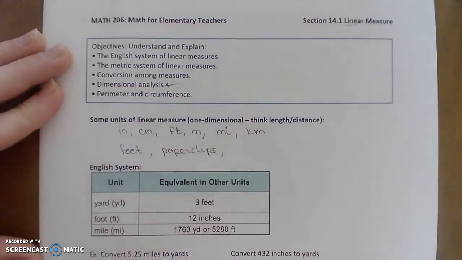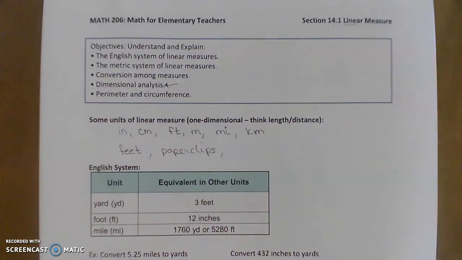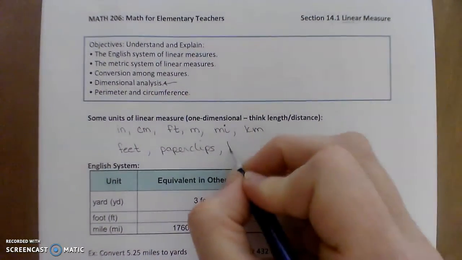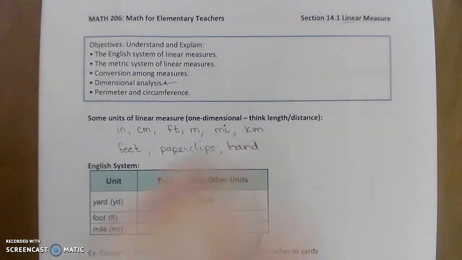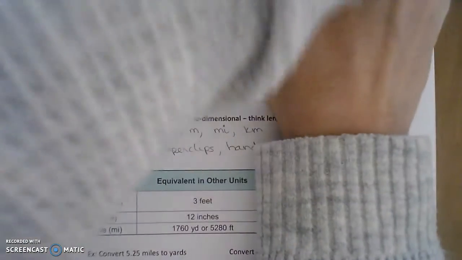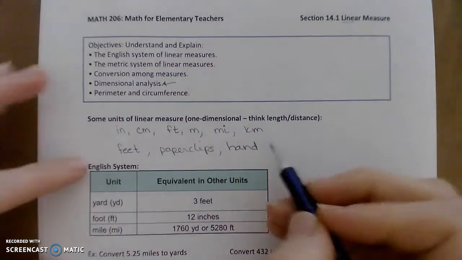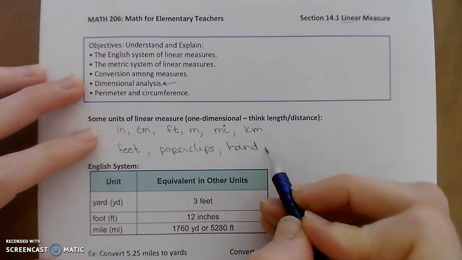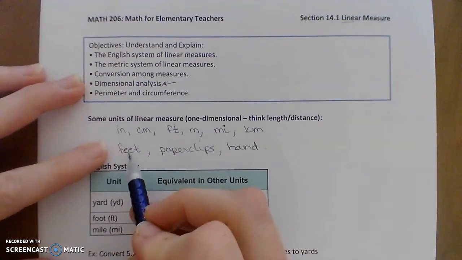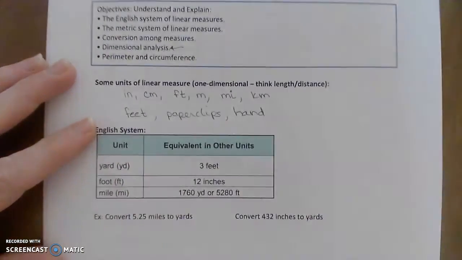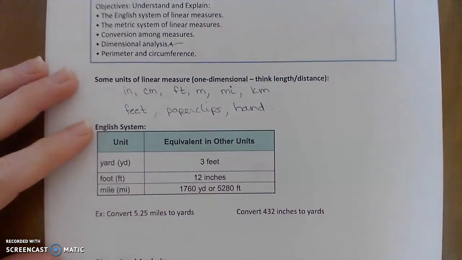Or there's this non-standard unit of measurement that's actually used by people who own horses, and those are hands to measure how tall a horse is. People stack their hands one on top of another, and that's the measurement of the horse. Anyways, there's lots of activities for elementary school students where you might measure something using some type of non-standard unit of measure, and those are usually quite fun for the kids.